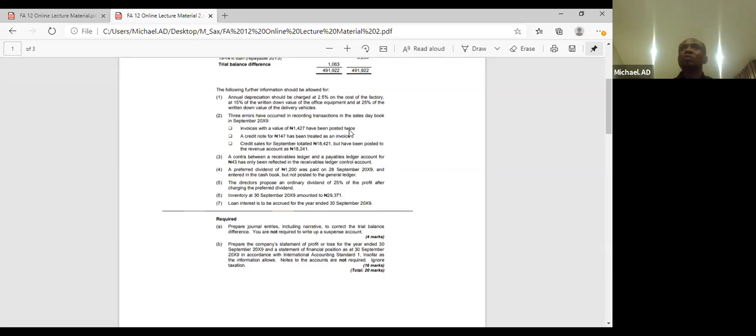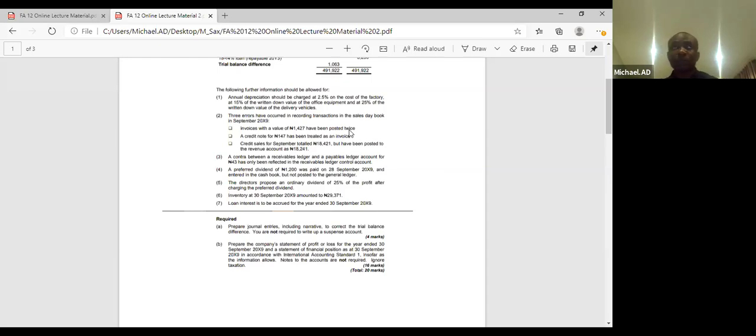So the only thing we need to do is delete the second one that we entered twice. It's a simple analogy. This type of error does not affect the trial balance. There are errors, but this error does not really affect our trial balance. So how do we correct it? Since they posted the entry twice, we need to correct the second one.